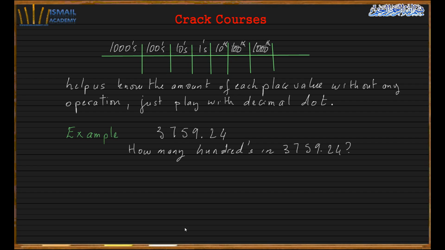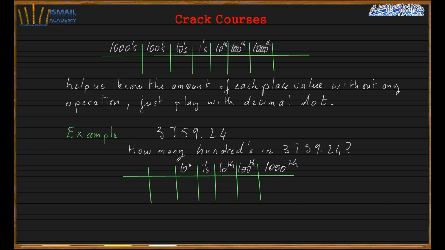Let me show it to you in the place value table. This is ones, tens, hundreds, thousands.